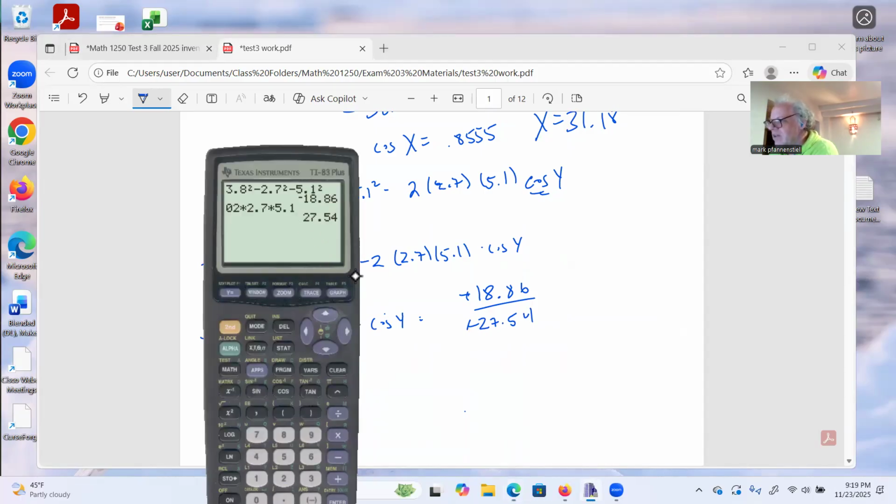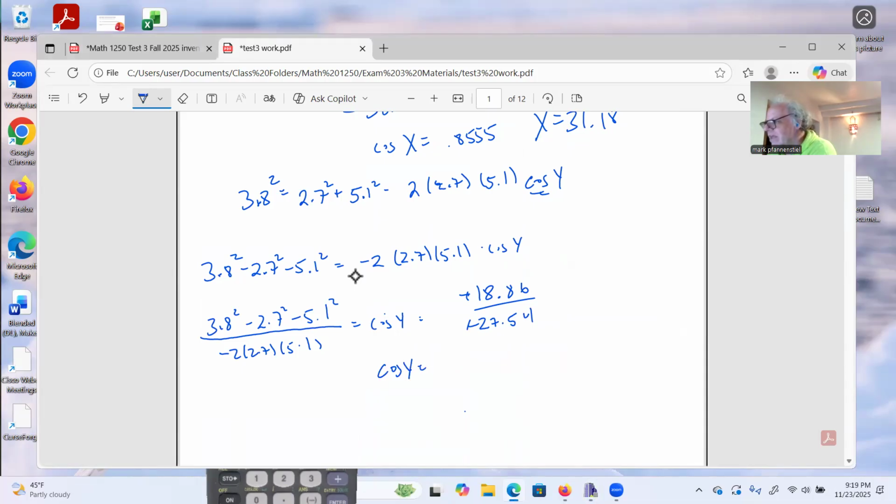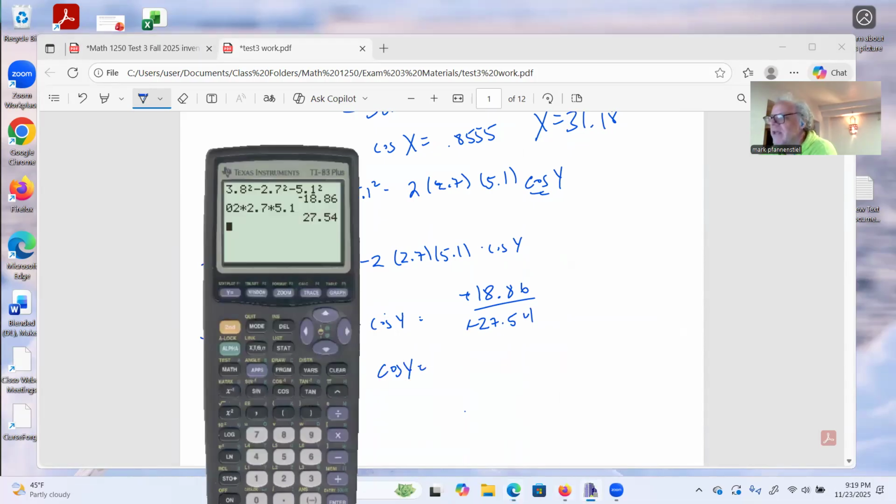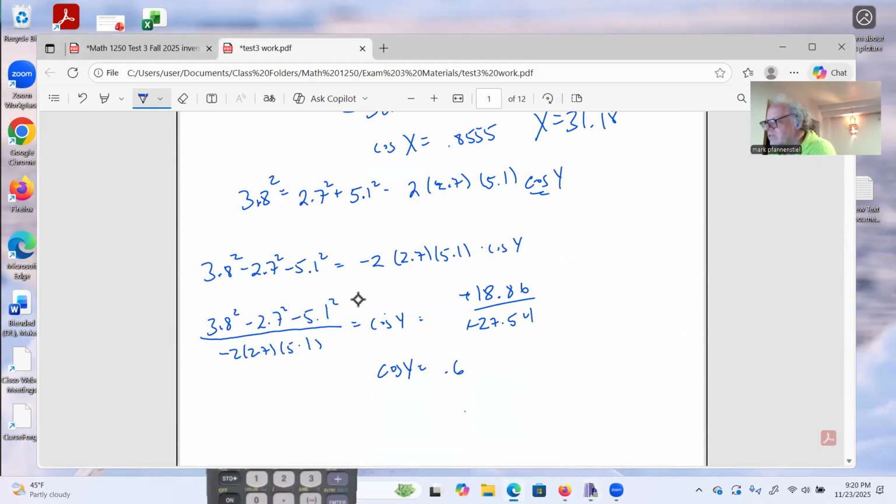So cosine of y equals, and we'll deal with this quotient. 18.86 divided by 27.54 equals 0.6848. Okay, and we'll say what y equals.